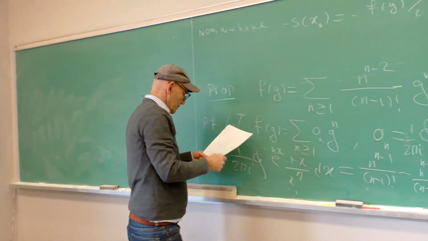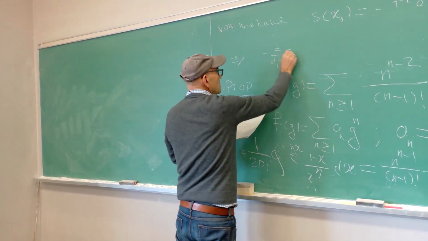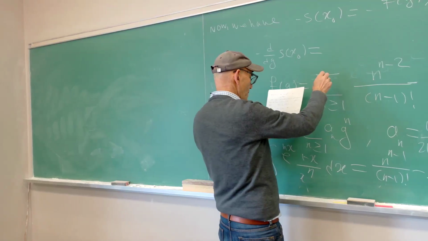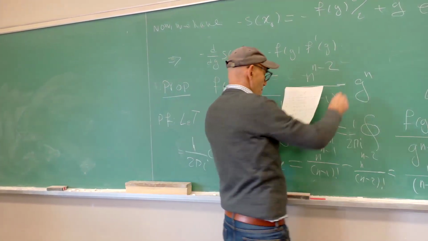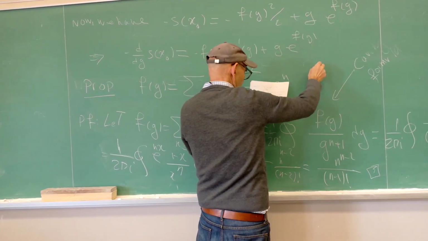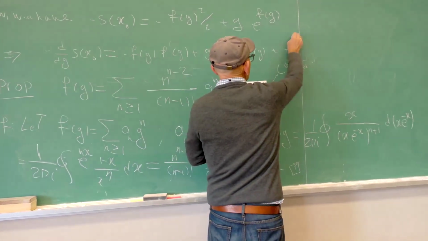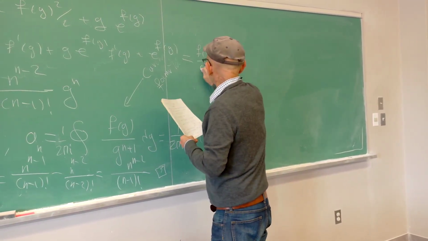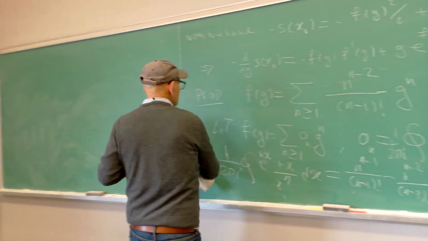You just differentiate this with respect to g, and you get minus d over dg of s of x0 is equal to negative f of g f prime of g plus g e to the f of g f prime of g, and then 1 plus e to the f of g, which is equal to f of g over g. It simplifies.